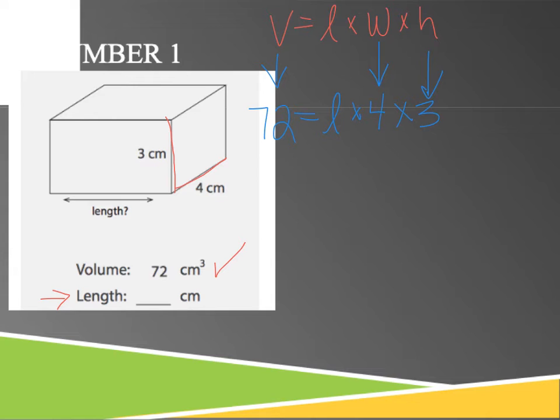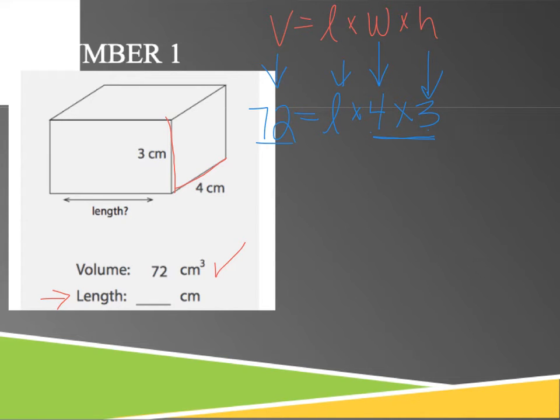So looking here at what I do have, I know that 4 times 3 times some other number is going to equal 72. So what I can do in this situation is I can work backwards and multiply these two numbers together to see what I do have, and then divide this number by what I have to get the length.